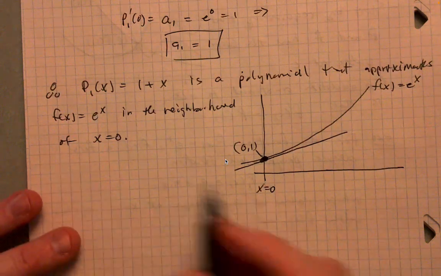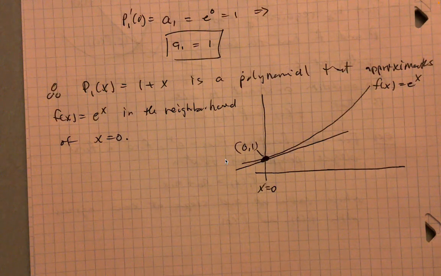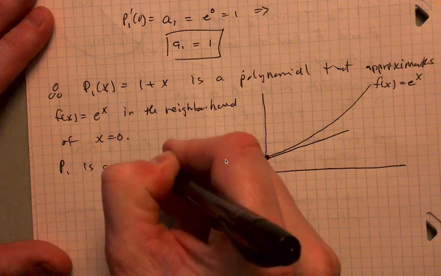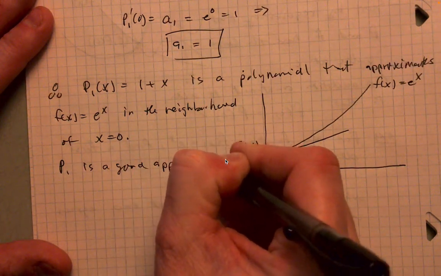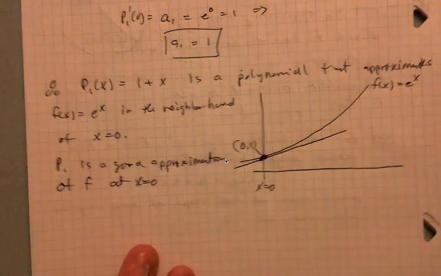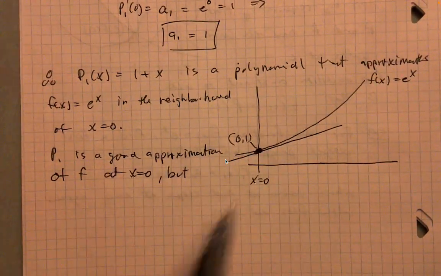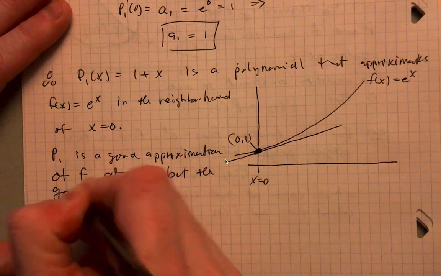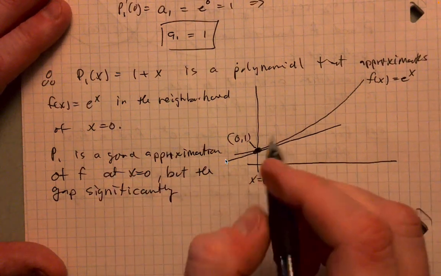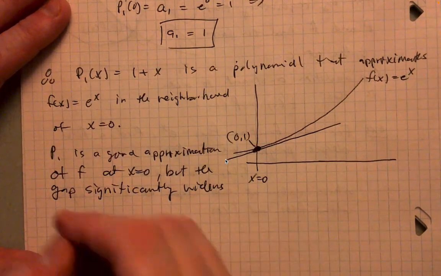Okay, so to say that slightly more succinctly, we can see that P1 is a good approximation of f at x equals 0, but the gap significantly widens, I guess, as we move away from (0, 1).